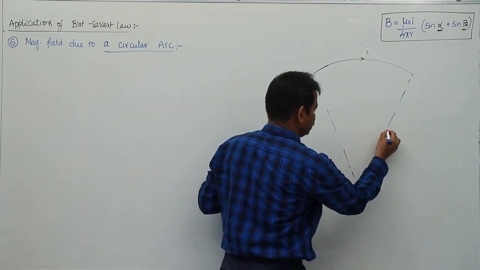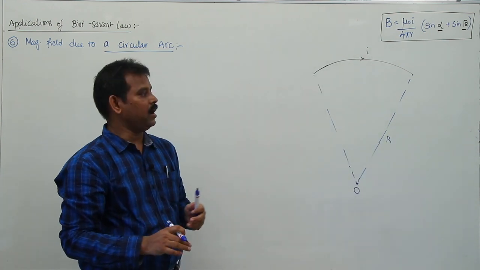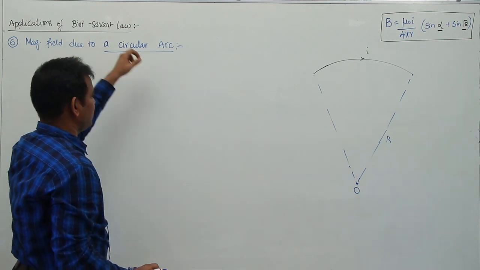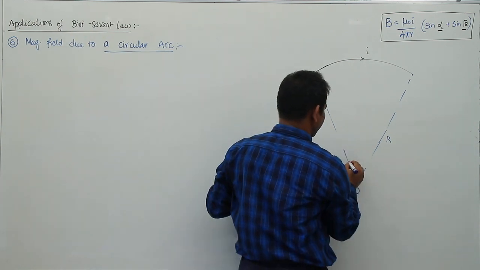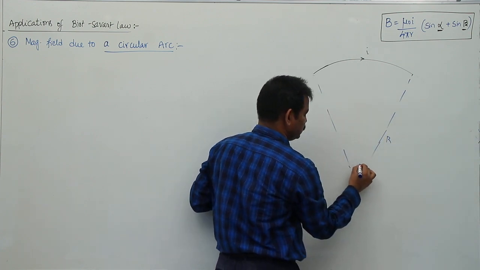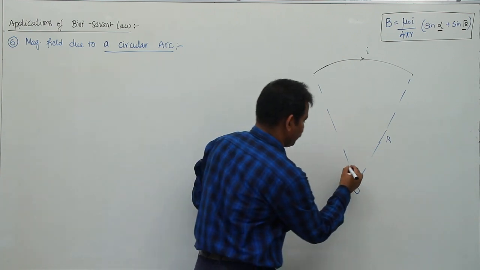Let the radius of this arc be r. To find the magnetic field, I cannot use a direct formula here. I can use the Biot-Savart law only. Let the angle made by this entire arc at the center be theta. So this angle I am denoting as theta.